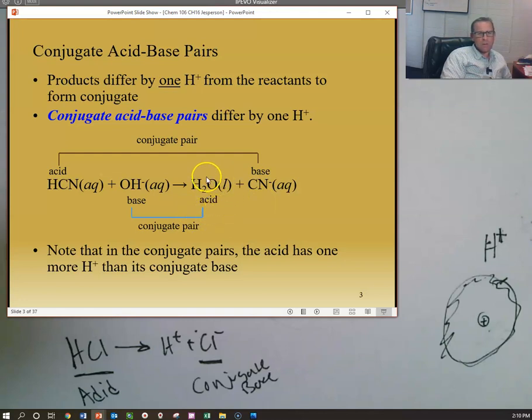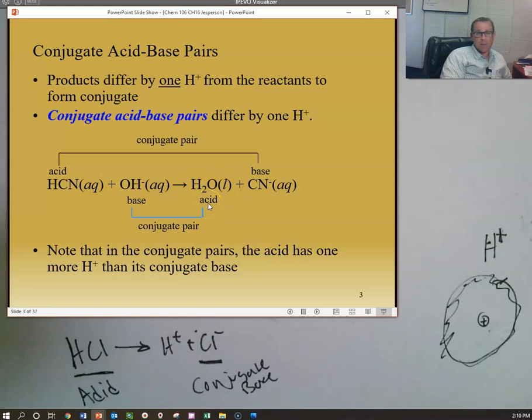You could also, even though this is a base here, and this over here is water, and we don't think of water as an acid, refer to water as an acid, and the hydroxide ion as its conjugate base. Because again, these two just differ by one hydrogen. Now, we don't generally think about water as an acid.